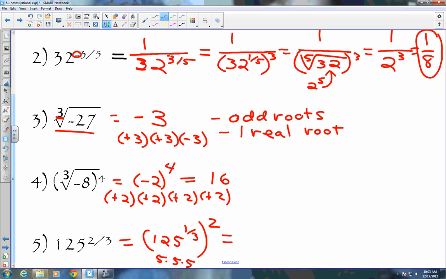So inside is 5. So 5 squared is 25. Okay, so break it into its parts and it's not too bad. Questions on any of that stuff? Okay, let's keep looking.